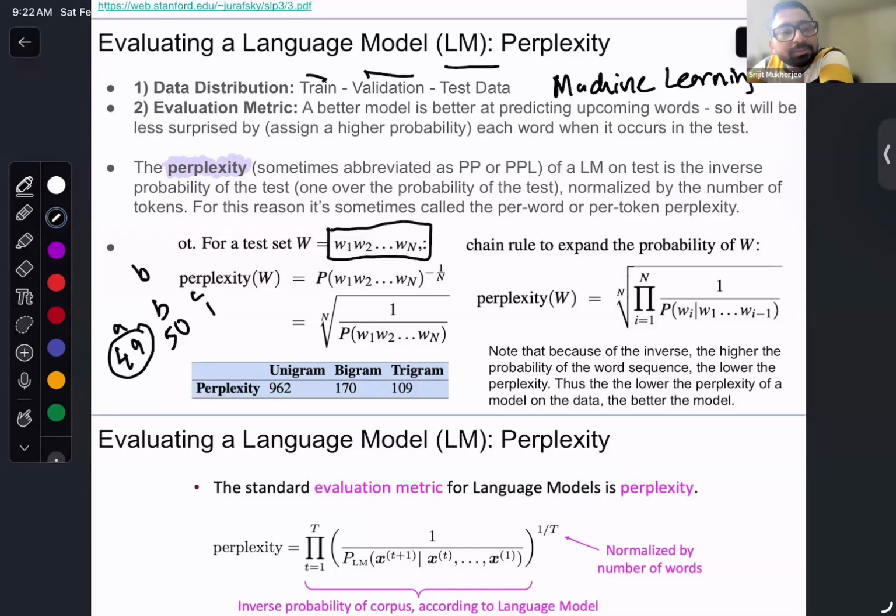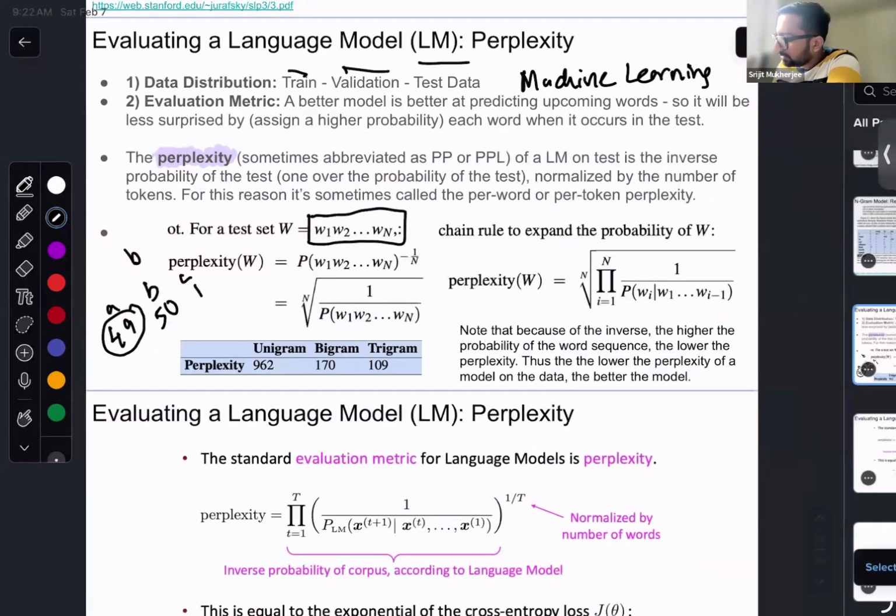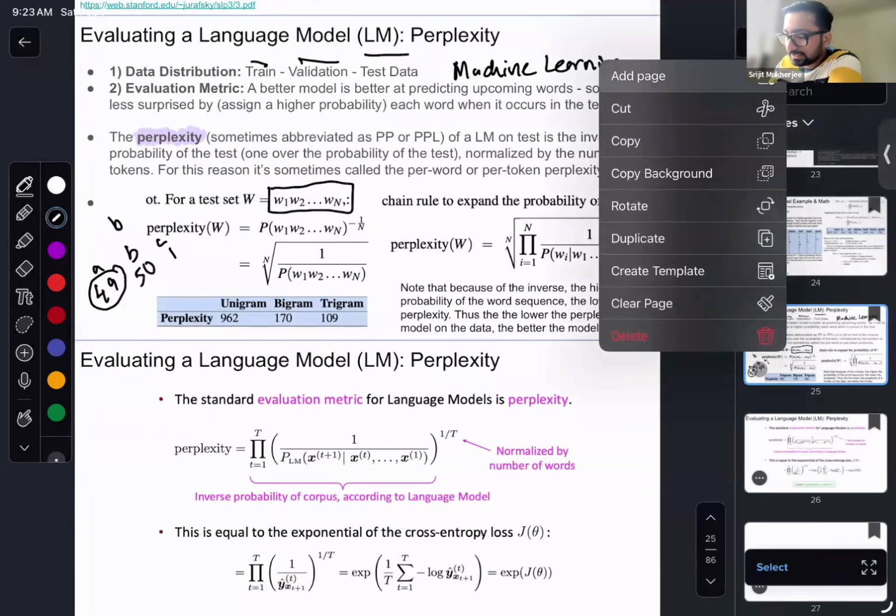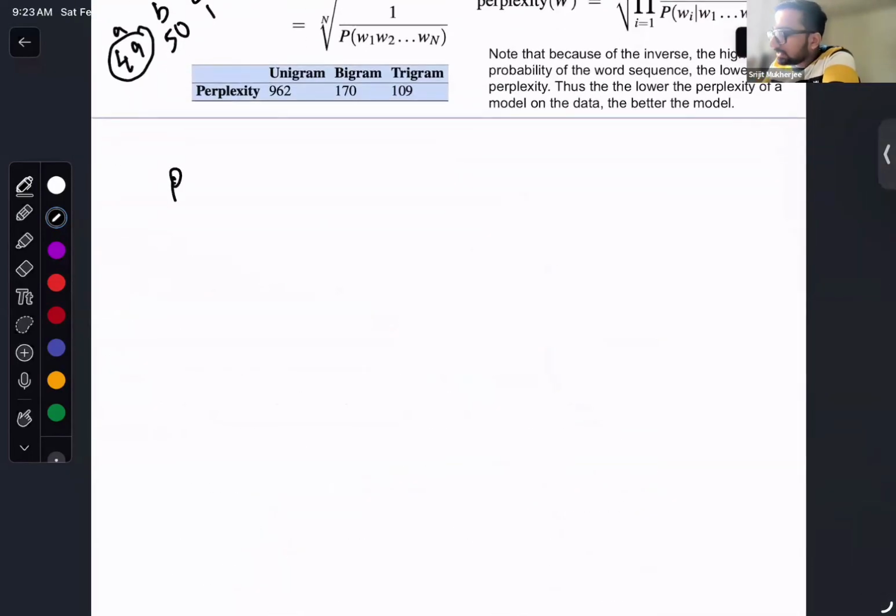You want the probabilities to be high. So what is meant by the probability here? This is a bit of a sketch, so please be careful. Let's take this case: the test data set in your case is ABA, based on the example that we were doing.